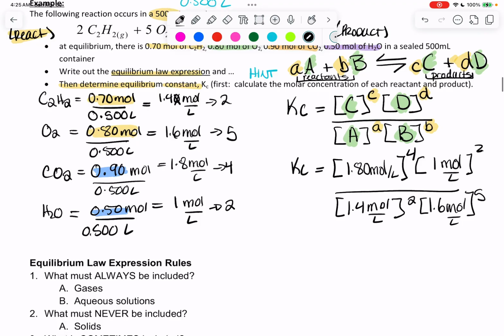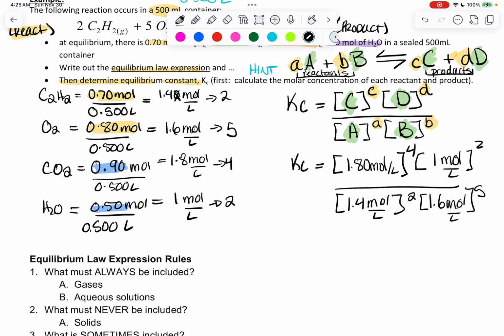When I do that calculation, you'll notice that my units should cancel out. So moles per liter cancels up and down. And when I do that calculation, I get a value for Kc of 0.51 with no unit. So for here, what this tells us is the Kc is close to 1.